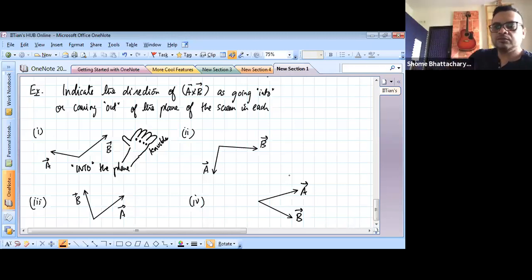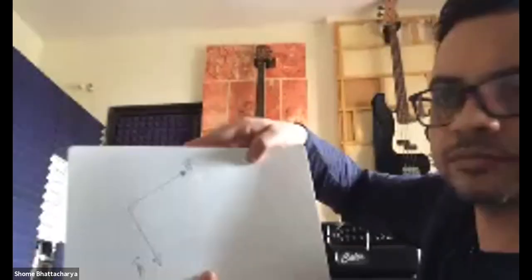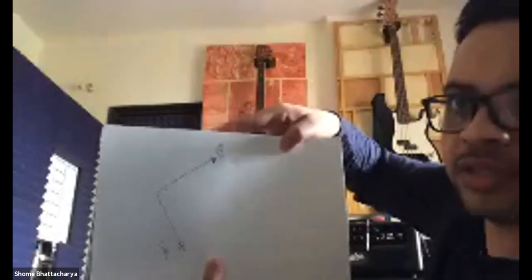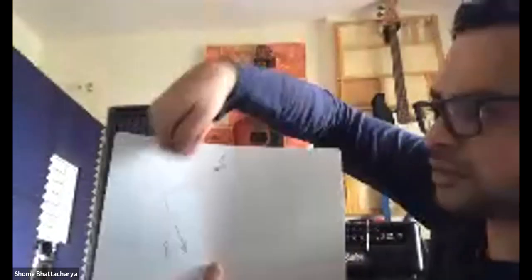Okay, so for example, for the second one, if your E cross B is like this, so hope you can see. E is pointing like this, and B is pointing like this.